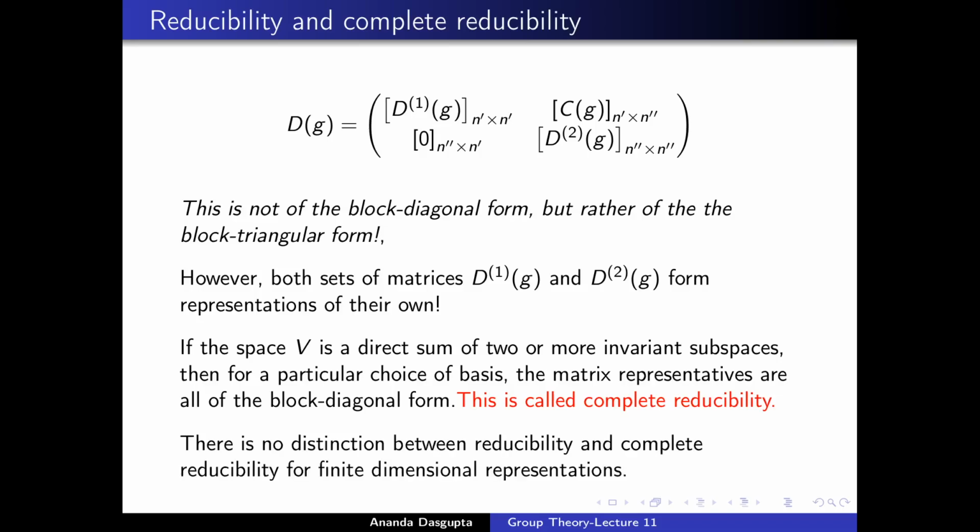Because, as we will see in the next lecture, there is no distinction between reducibility and complete reducibility for finite or compact groups. And in order to prove that, what we will make use of is the theorem that we have established earlier in this lecture, which is that for every finite group, every representation is equivalent to a unitary representation.